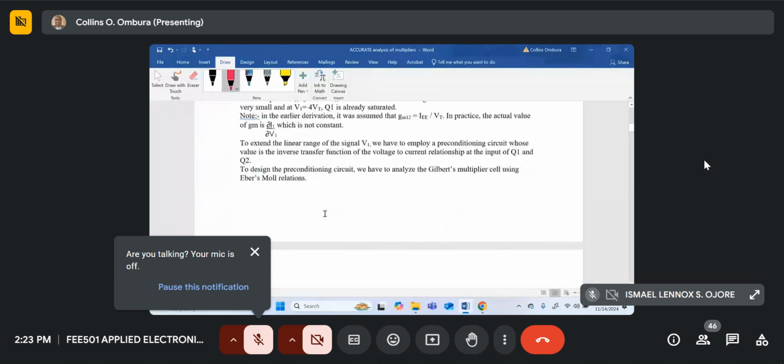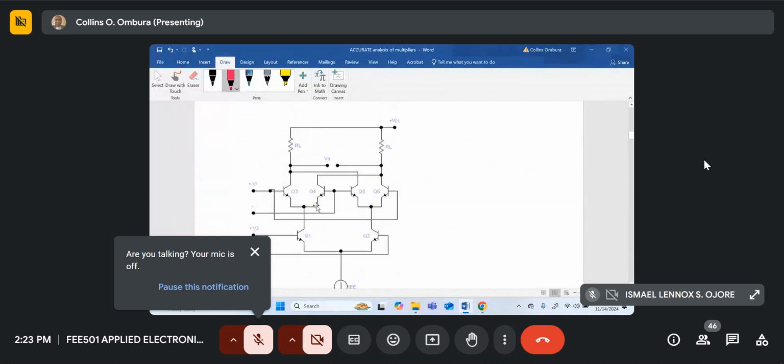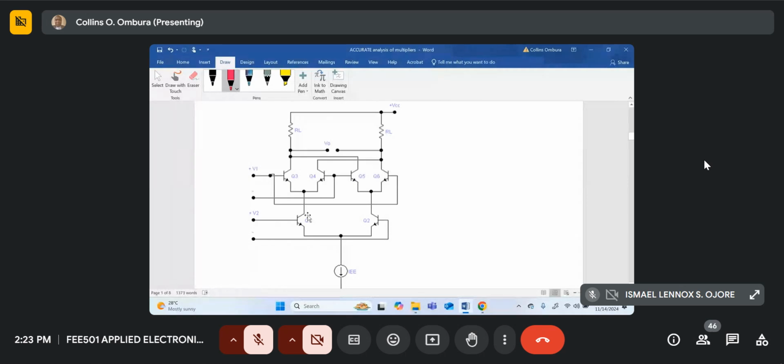So in the notes, I've started once again with our basic Gilbert's multiplier cell, which is this one.